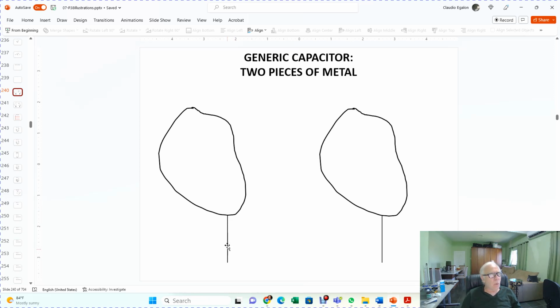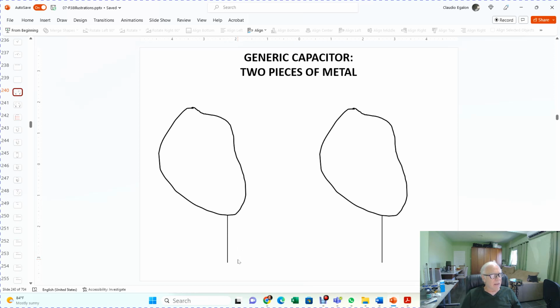When I put this line here, it represents a rod made of a dielectric material. When you have this piece of metal completely surrounded by a dielectric material, the capacitor is electrically insulated.